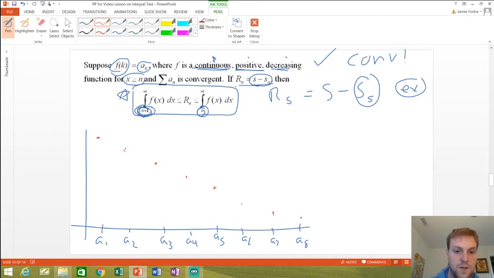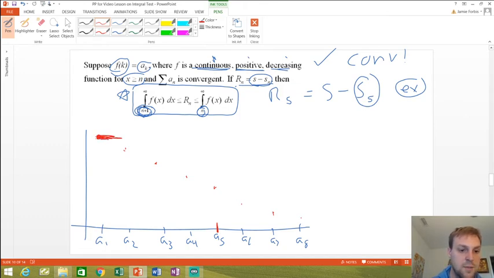Now, let's say that I want to figure out what this fifth sum is. It's like taking the value of a sub 1 plus the value of a sub 2 plus the value of a sub 3. Now, a sub 1 is this value right here.